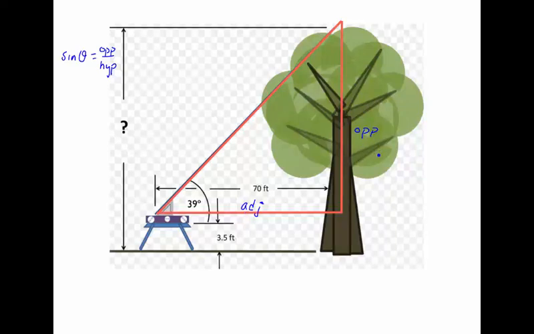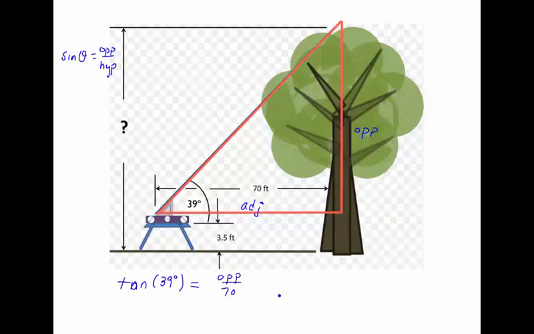Which of our relationships brings those three things together? Right. So tangent of the angle, which, now we know the angle, right? So this is a little different. We know the angle. So tangent of 39 degrees equals the opposite over 70, adjacent.